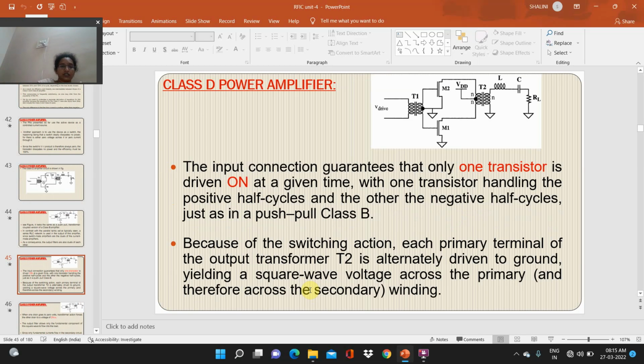The input connection guarantees that only one transistor is driven on at a given time, with one transistor handling the positive half cycles and the other the negative half cycles, just as in a push-pull Class B. Because of the switching action, each primary terminal of the output transformer T2 is alternately driven to ground, yielding a square wave voltage across the primary winding.